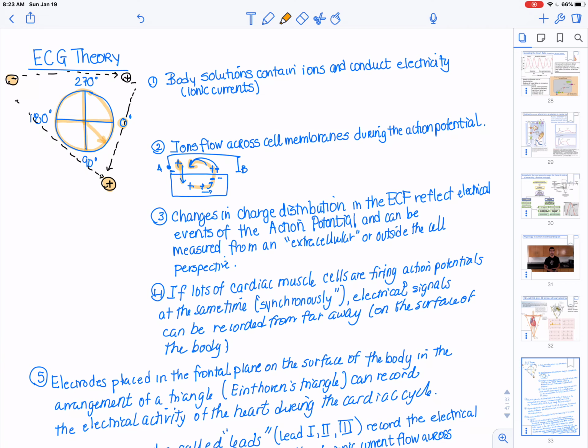So 60 degrees is the main depolarization of the ventricles. That is the biggest wave of depolarization, and so that will be the biggest wave of current flow that is detected by those electrodes. And any deviation from that axis would be clinically significant.